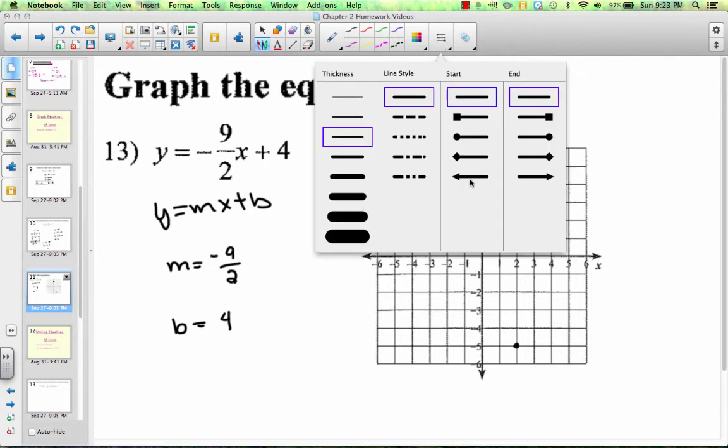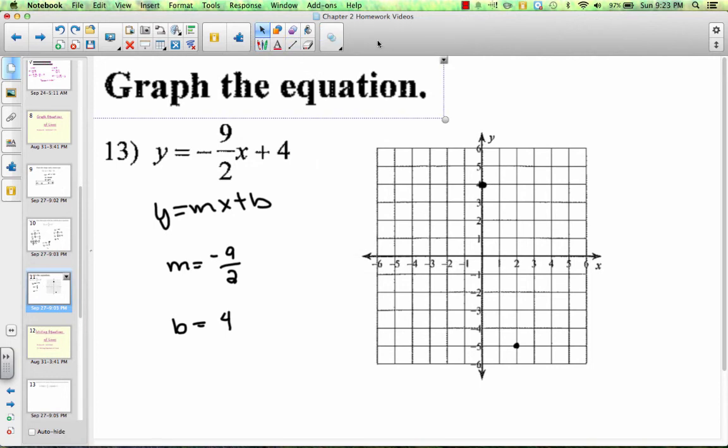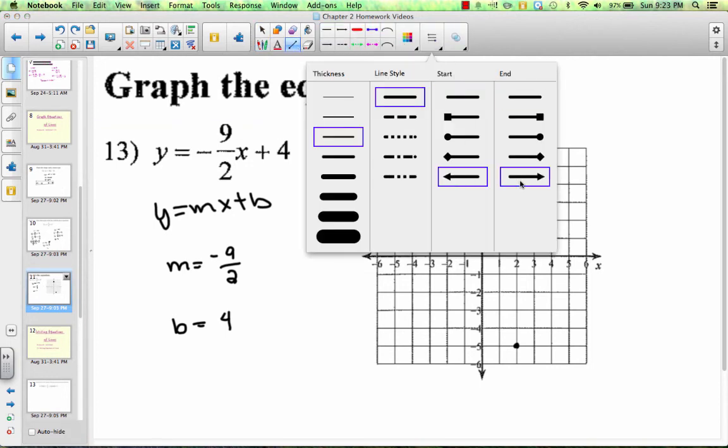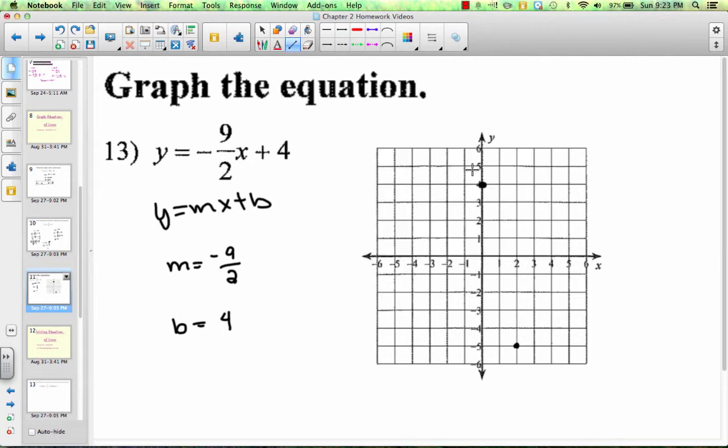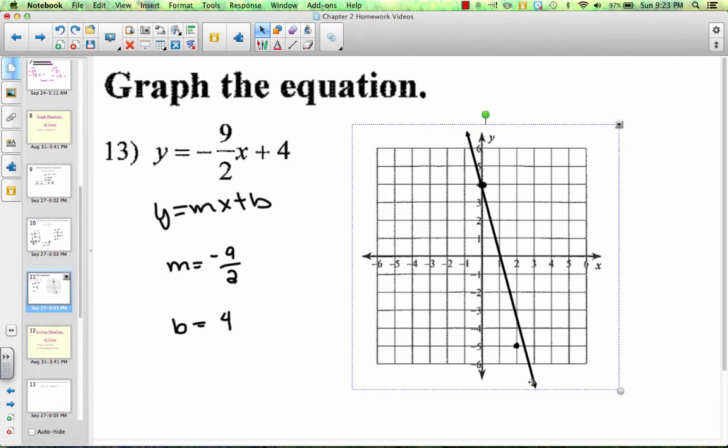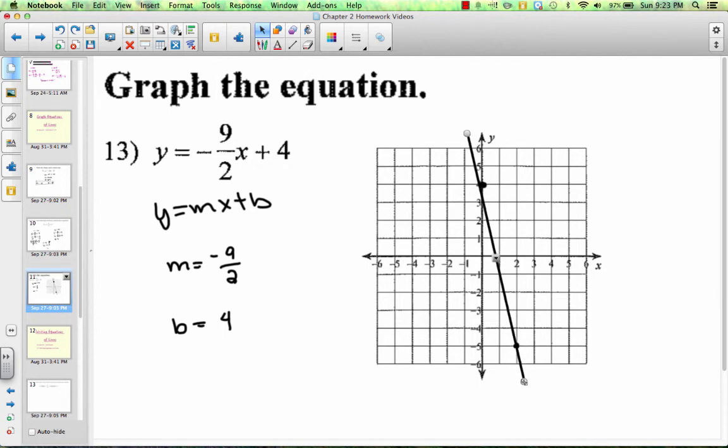So let me get out my line tool here. Okay. And I'm going to adjust my line so that it goes through the 2 points.